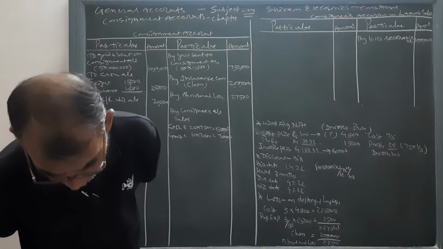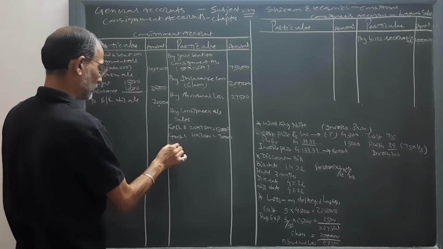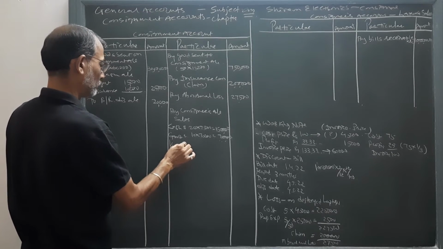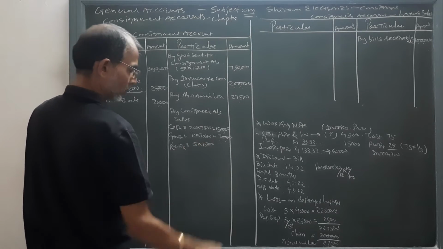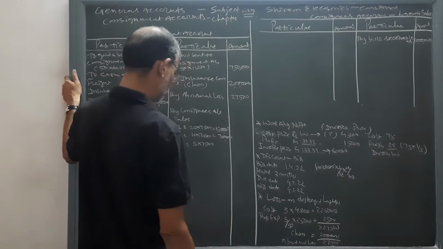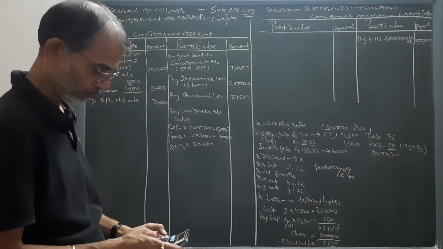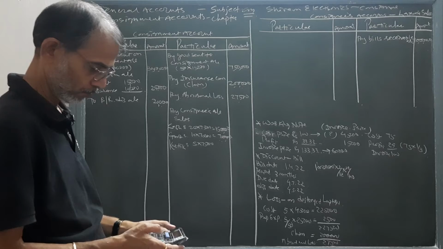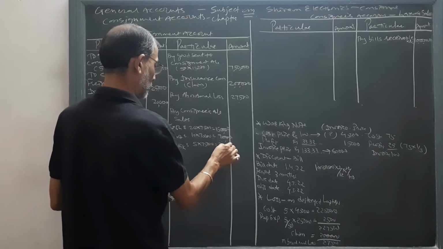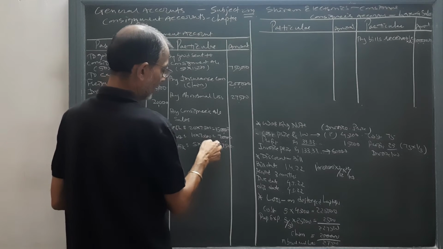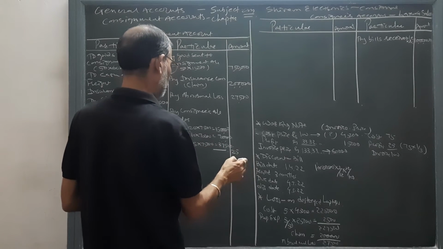Then 5 laptops to Karthik, 75,000 each, 5 into 75,000, 3 lakh 75,000. 15 and 7, 22 lakh, plus 3 lakh 75,000.